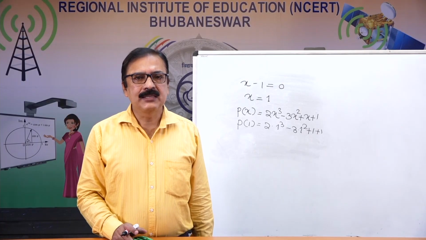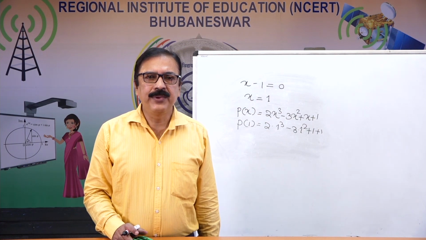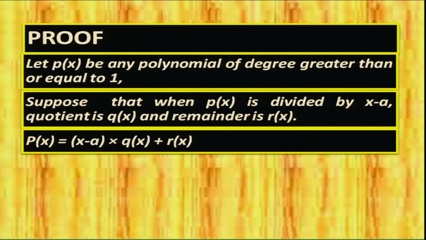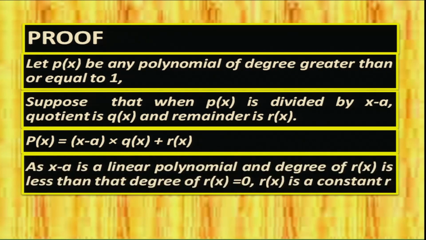So in that case, we can write Px is equal to x minus a into qx plus rx. x minus a is a linear polynomial and its degree is 1, and we know that the degree of the remainder polynomial must be less than that of the divisor.